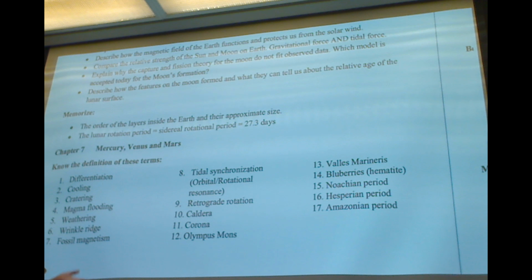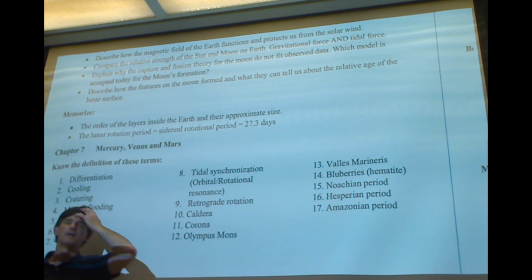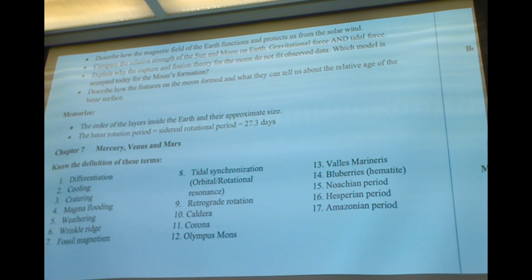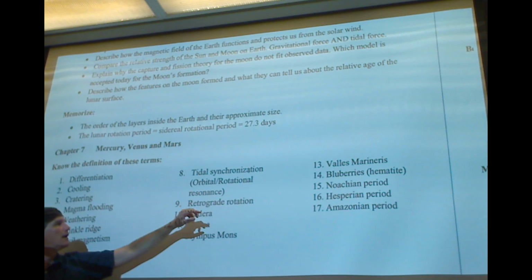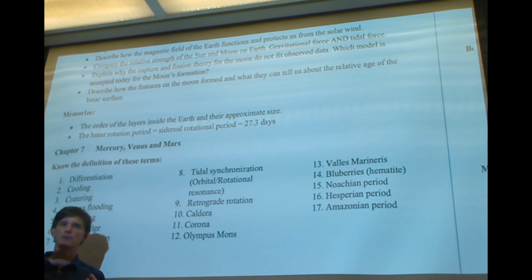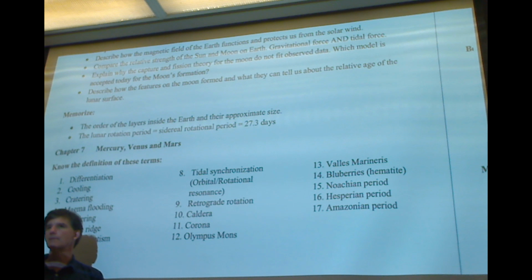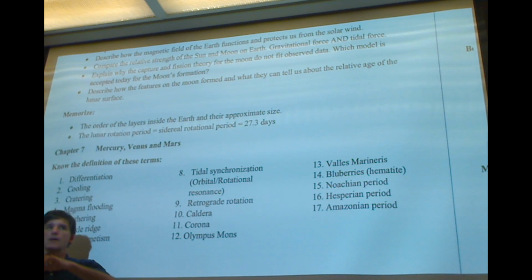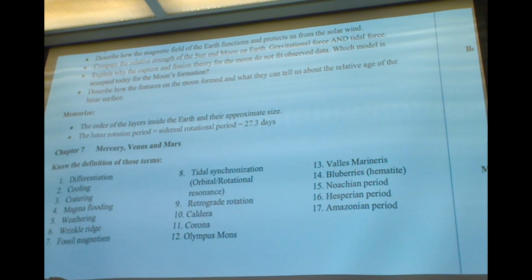It's not important. Okay, tidal synchronization. So what does this mean? The tidal forces cause bodies to begin to synchronize or resonate with each other. Mercury is another example of where we see this, an orbital rotational resonance. Does anybody remember the orbital rotational resonance of Mercury? How many times around the sun and how many rotations in the same amount of time?